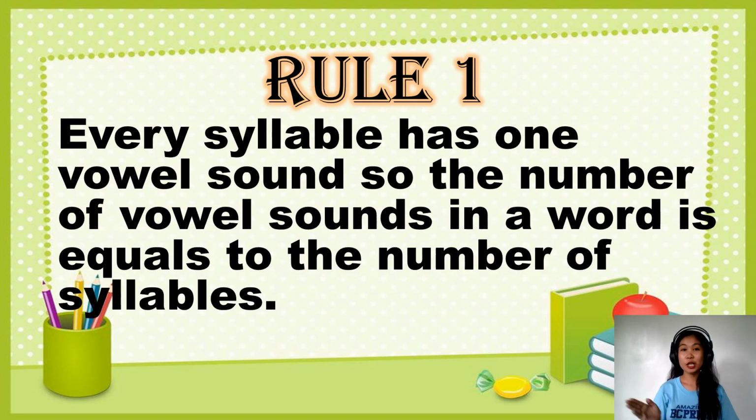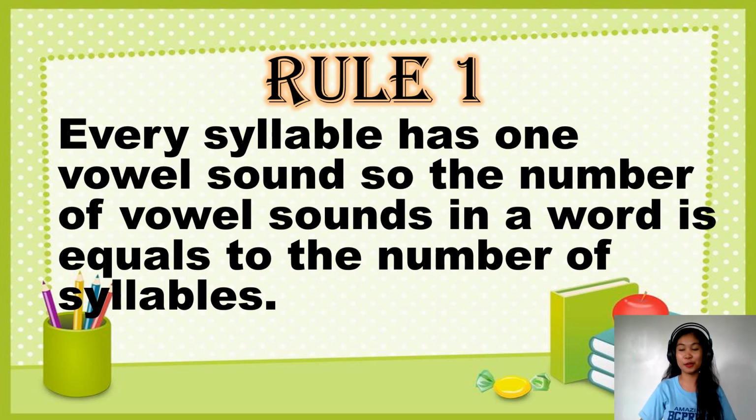Of course, to determine how we can divide a word, there are rules that we must follow. Here is rule number 1. Every syllable has one vowel sound, so the number of vowel sounds in a word is equal to the number of syllables. Therefore, all you have to listen for is the vowel sound of the word.